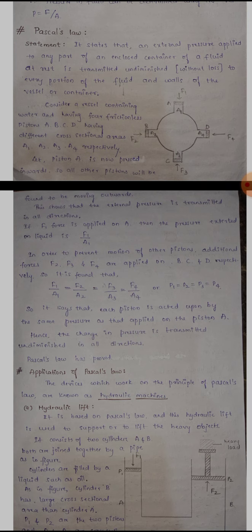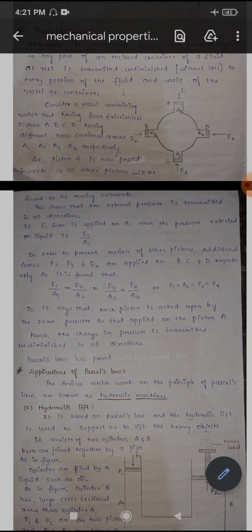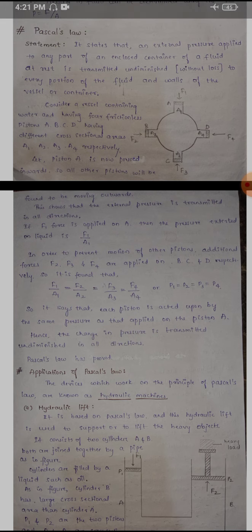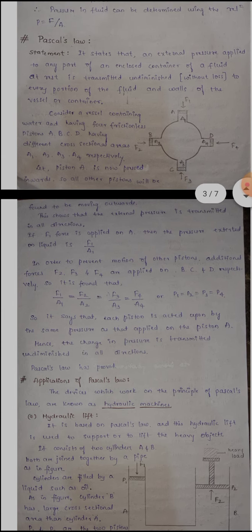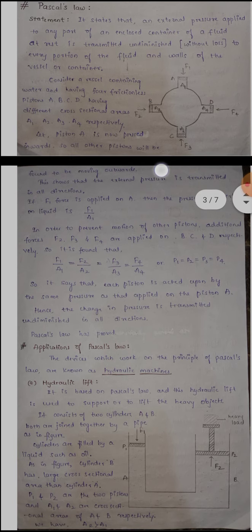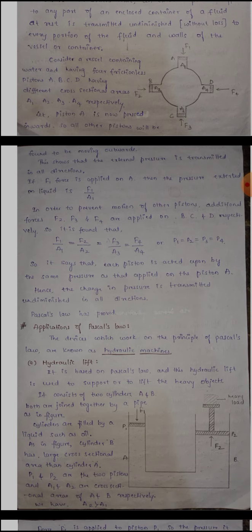Piston A moves inward, inside the container, and because of this, the B, C, D pistons move outward. This shows that the external pressure is transmitted in all the directions.